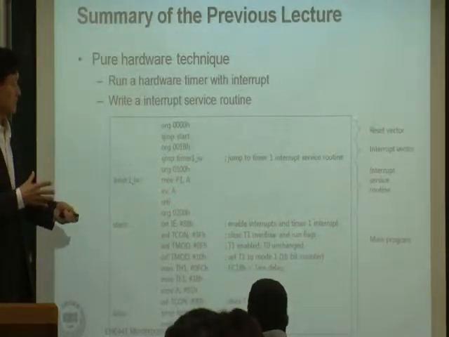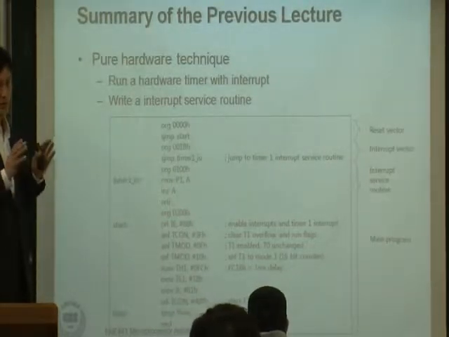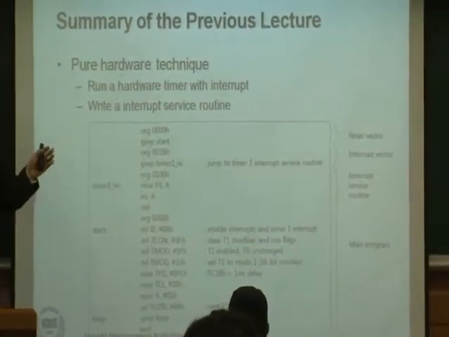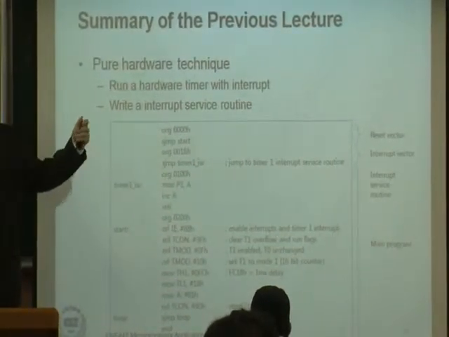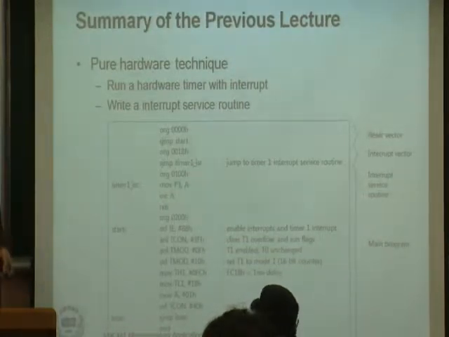So in this case, hardware will do everything. Software, forget everything. I don't have to worry about anything. Whenever the 1 millisecond happens, then I'll get an interrupt. That's very efficient, right? That way I can do my own work.